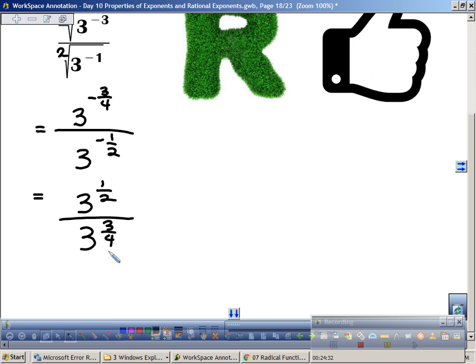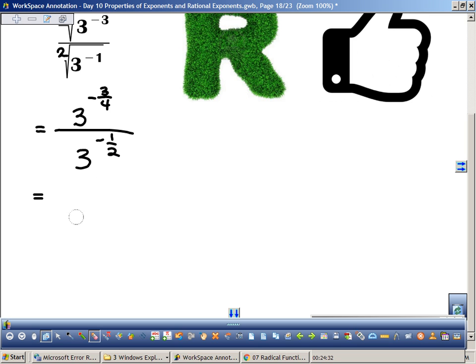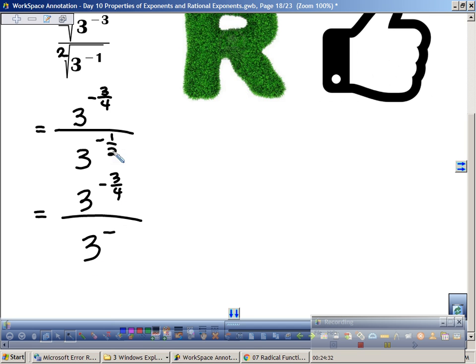Do you see something else I could have done? I could have changed that to, exactly, the same denominator. Watch this. 3 to the negative 3/4 over 3 to the negative, isn't 1/2 the same as 2/4? So now which one am I going to move?